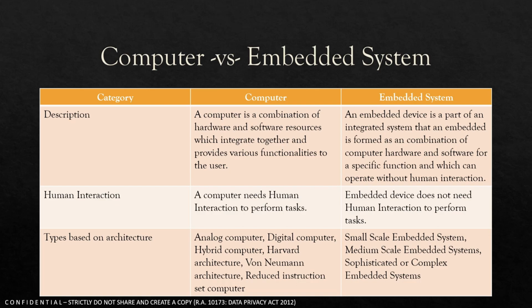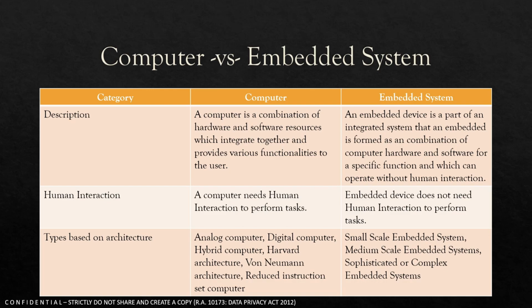While the embedded system or device is a part of an integrated system formed as a combination of computer hardware and software for a specific function and which can operate without human interaction or with little human interaction. Next, for the human interaction category, a computer needs human interaction to perform tasks, while the embedded device does not need human interaction to perform tasks.